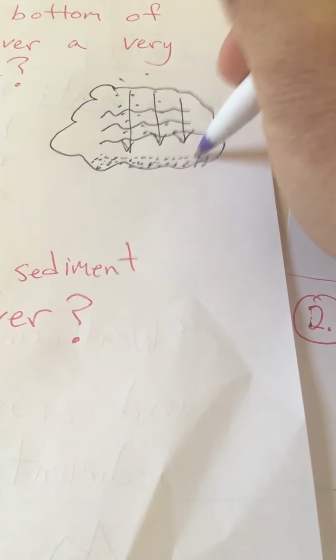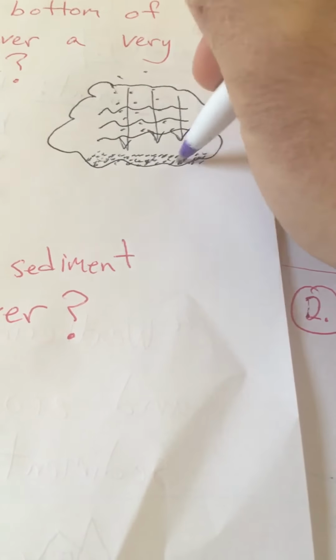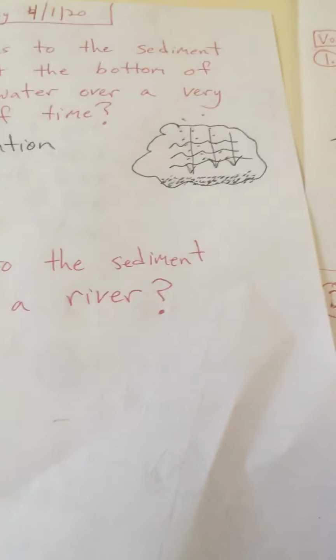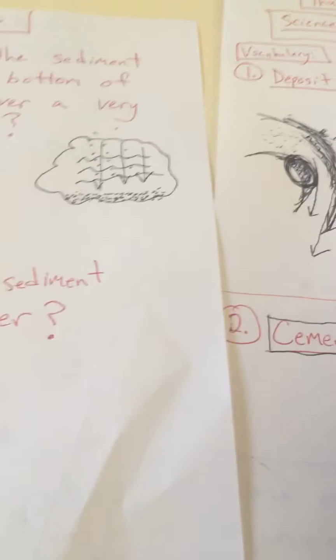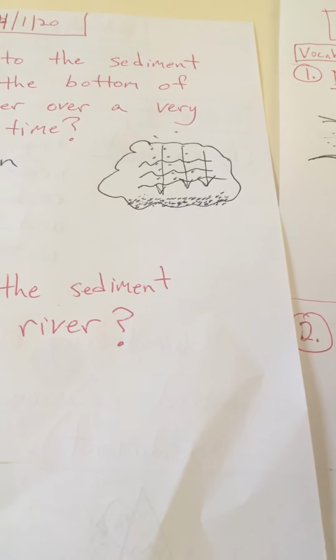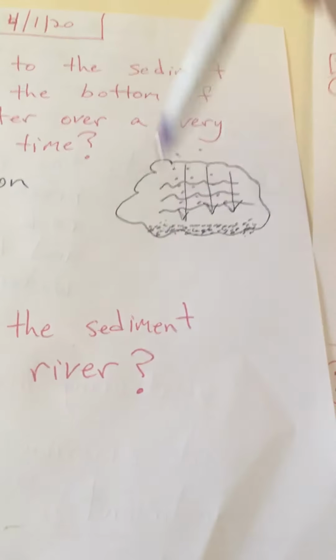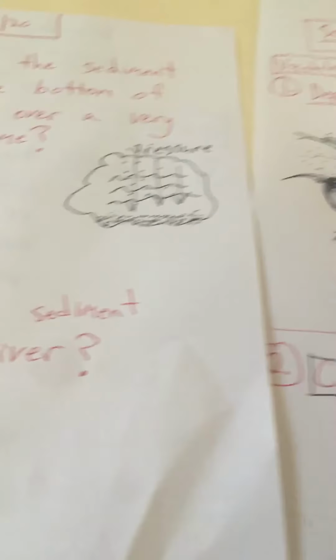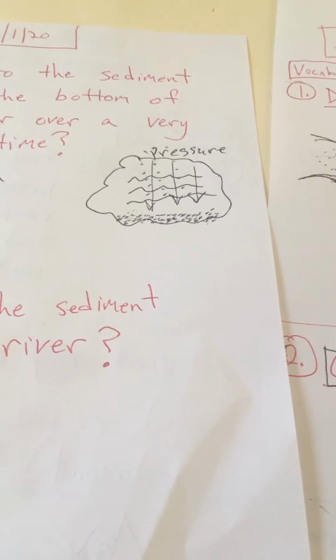So now you end up with all this sediment settled down at the bottom of that body of water. Now all the water on top of it is pretty heavy. It's very heavy. So if you're at the bottom of a body of water, you have a lot of pressure on you pushing down. There is a lot of weight above you pushing down on you if you are way down at the bottom of the water.